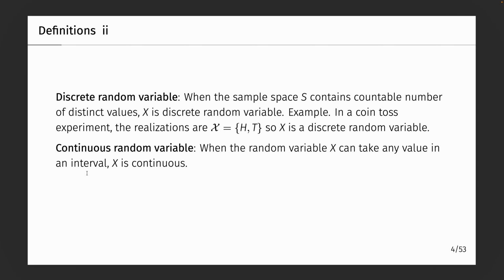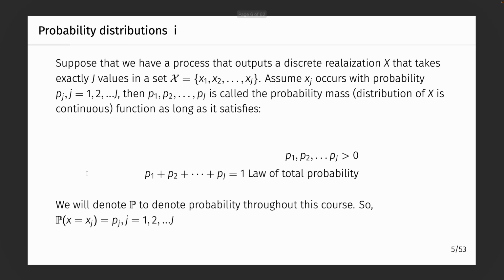Okay. If this is clear, we can talk about probability distributions. So the idea behind probability is extremely simple, extremely intuitive. Broadly, it's inherently the way we understand this is chance, right?